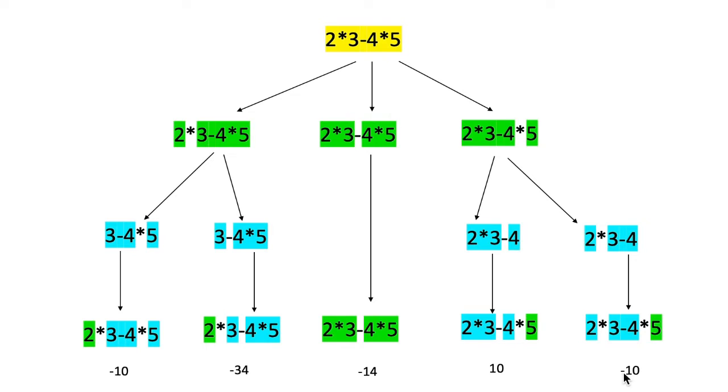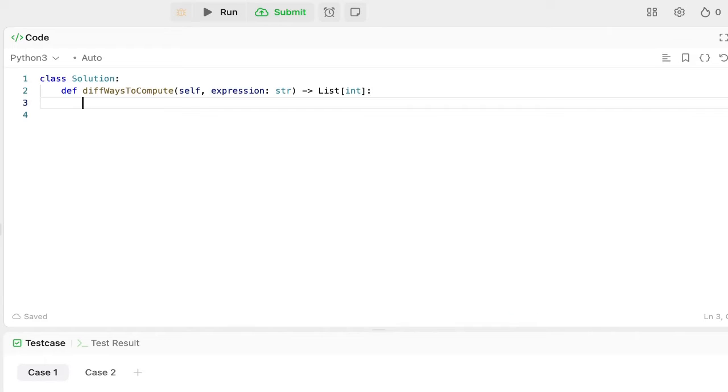Now let's implement this approach. As a first step, let's initialize the recursive function and pass our argument, which is expression. Define. I'm going to have the recursive function as evaluate. Inside the function, I'm going to pass the expression as an argument.